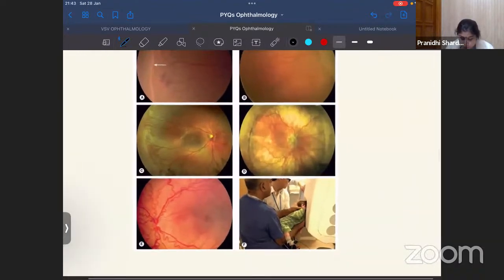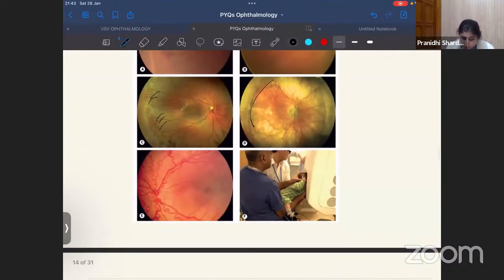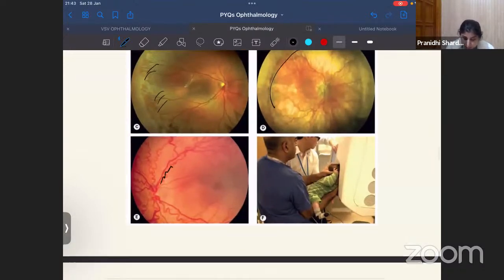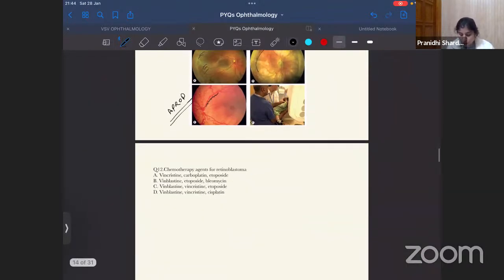These are the images: demarcation line, proliferation, height added, vascularization at the ridge, partial RD. This is APROP, aggressive posterior ROP, where there is tortuosity of the vessels. And this is the examination of the ROP.